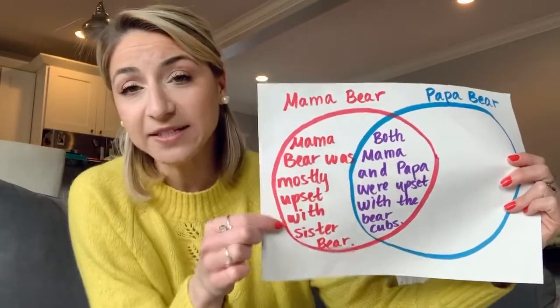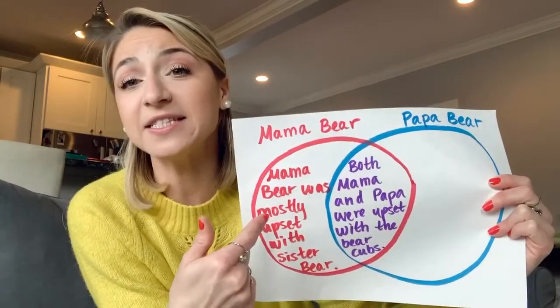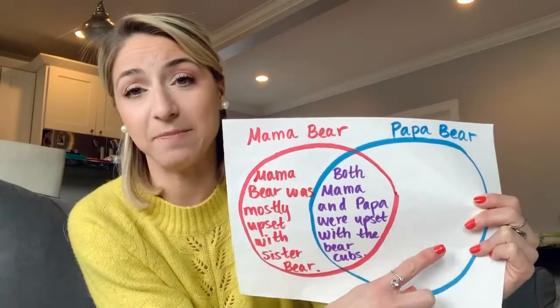And again, I'm writing really quickly, so it's not the regular Miss Tremlett handwriting. And you can see I wrote that on this side of the Venn diagram because it's true for only Mama Bear. That's a difference between the characters Mama Bear and Papa Bear.